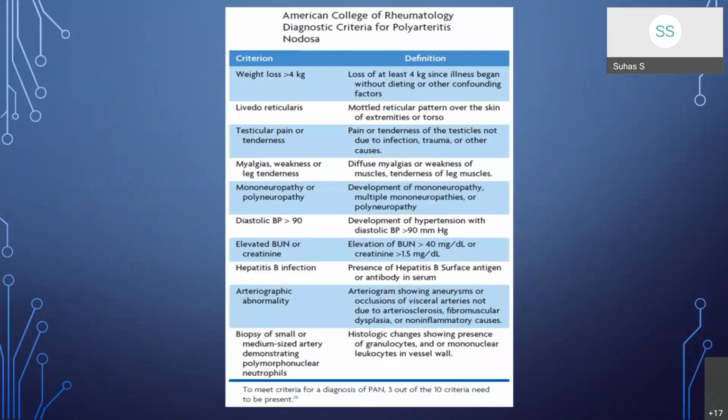The first criterion is weight loss of more than 4 kgs since the beginning of illness, and the presence of livedo reticularis, presence of testicular pain or tenderness, presence of myalgia, weakness or leg tenderness, involvement of nerves in terms of mononeuropathy or polyneuropathy, diastolic BP of more than 90, elevated blood urea and creatinine, presence of hepatitis B infection, and angiographic abnormalities, which show aneurysm or occlusion of visceral arteries, and biopsy of small or medium vessel arteries, which demonstrates infiltration by mononuclear leukocytes or granulocytes.